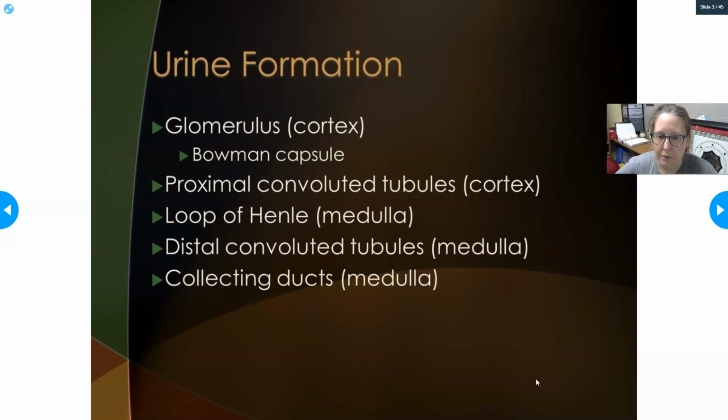That is in the kidney medulla, and then through the distal convoluted tubules, they're in the medulla, and then down to collecting ducts, and then these will be captured by the calyces and then drained basically by the ureters in the kidney.